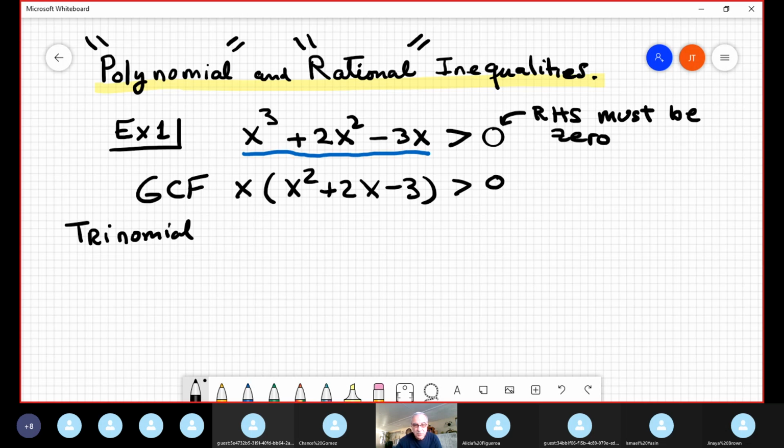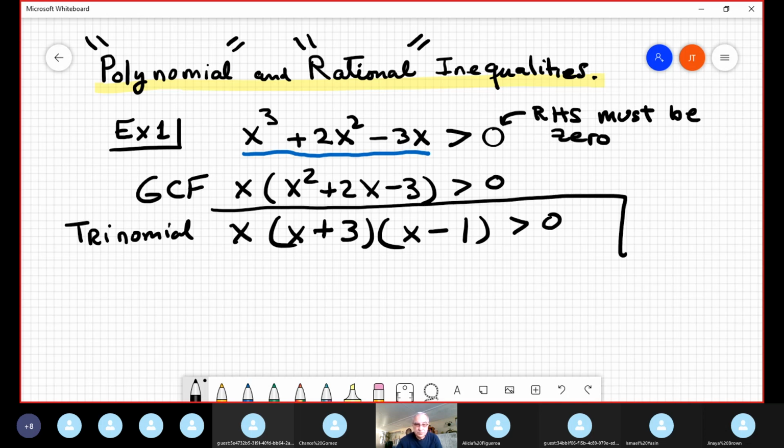What kind of trinomial? It's regular, easy. Open two parentheses. The combination, I suppose, is 3 and 1, because 3 times 1 is 3, and 3 minus 1 is 2, and the signs are positive 3 and negative 1. Guys, I suppose that you know that part very well. Yes or no?